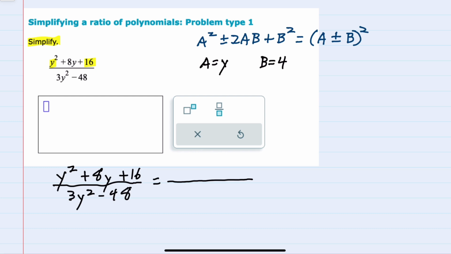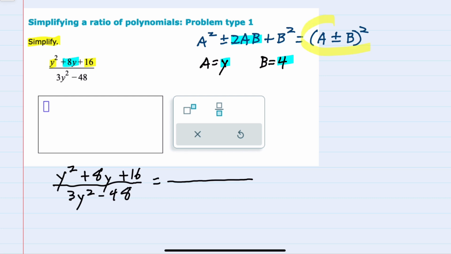And just to confirm that this is a perfect square trinomial, I need to make sure that the middle term has the form 2ab. So a times b is 4y, 2 times 4y would be 8y. So yes, the numerator here is a perfect square trinomial.